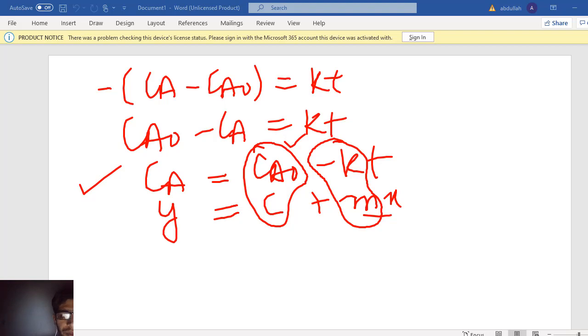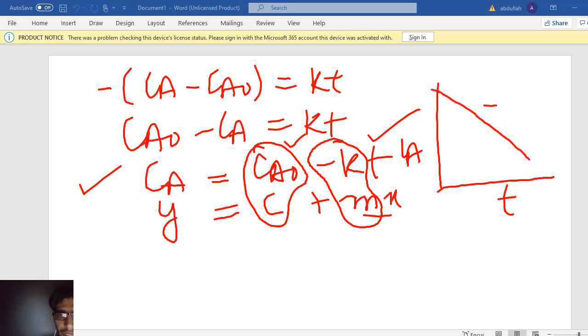If we plot CA against time, the slope will be minus k. This is the rate constant for a zero order reaction, and this is CA0, the initial concentration. So from this graph we can obtain the rate constant of the reaction.